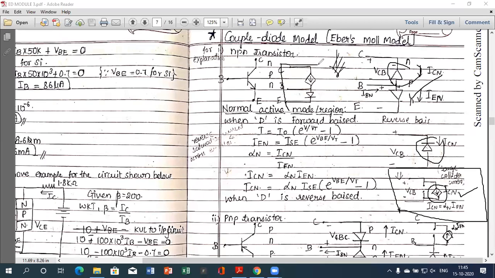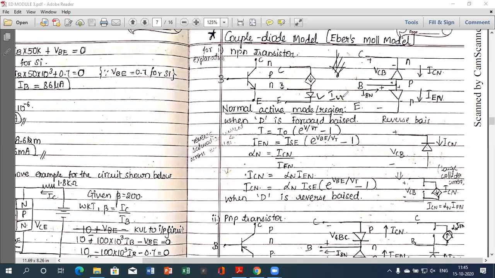Now the combination of this diode and this source is shown here. This is what we have drawn by replacing this transistor, assuming it operates in normal active mode, where the base to emitter junction is forward biased. The current flowing through this is IEN. Remember this properly.